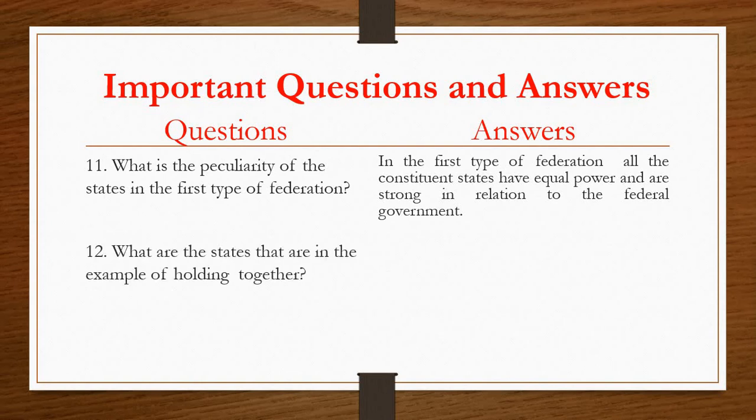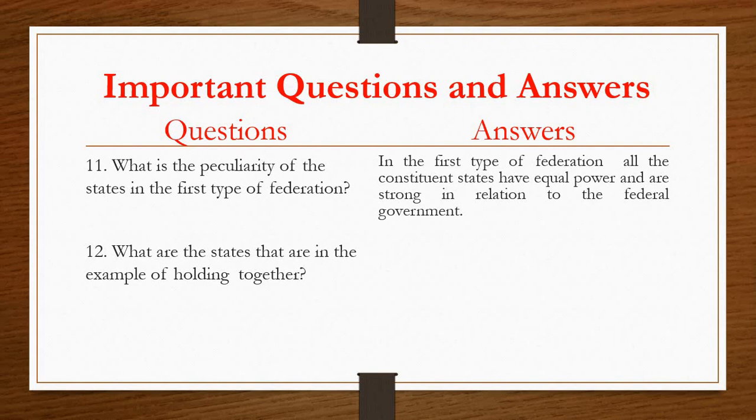What are the states that are examples of holding together? So we have seen two types of federation here, coming together and holding together. In the previous question we studied about the coming together, where the independent states came together in order to frame a large unit.